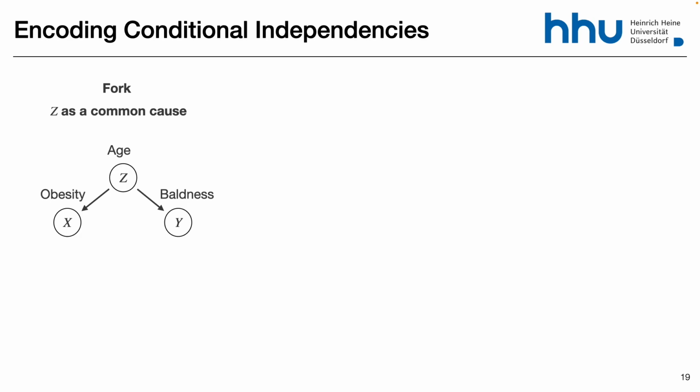There are three types of constructions that I like to just give the names of, although it's not completely necessary, but I like the name because it's going to appear all the time. The first one is called fork, because you can see that there is like a separation, right? It's opening two paths from the variable in the middle.